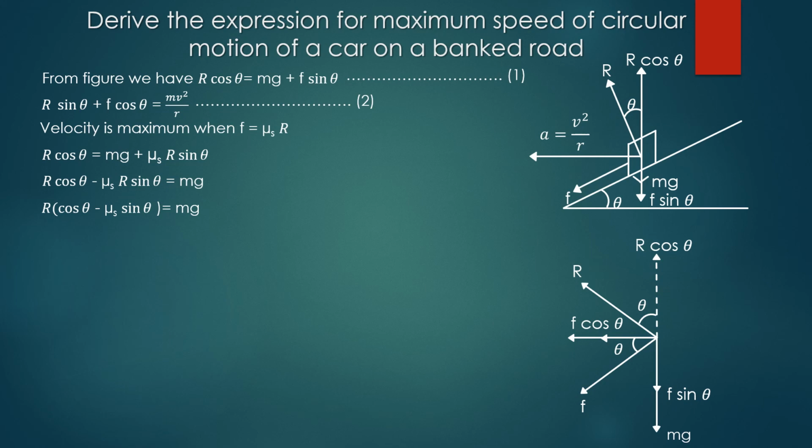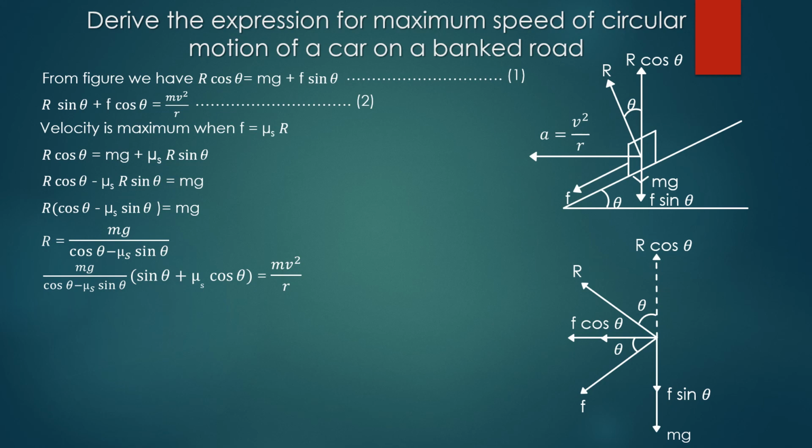Later we can write it as R is equal to mg by cos theta minus mu s sin theta. Now substituting the value of R and F in equation 2, we get mg by cos theta minus mu s sin theta into sin theta plus mu s cos theta is equal to mv square by r.